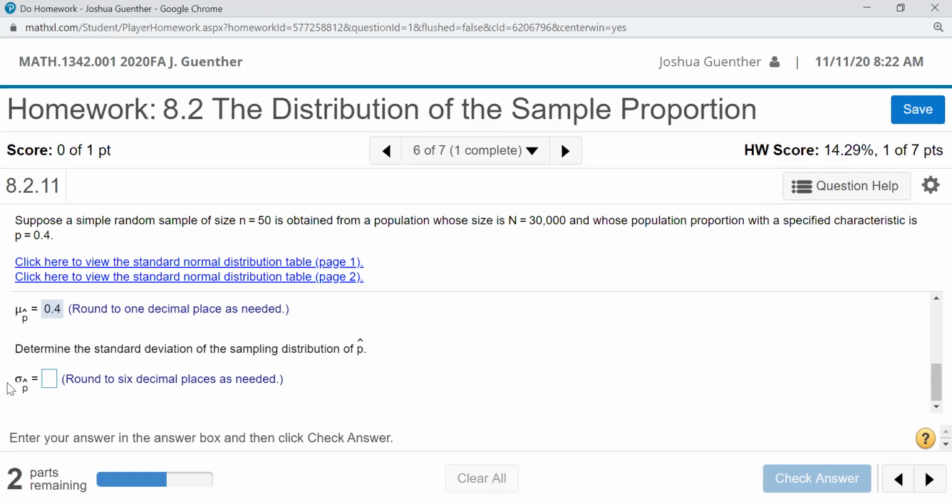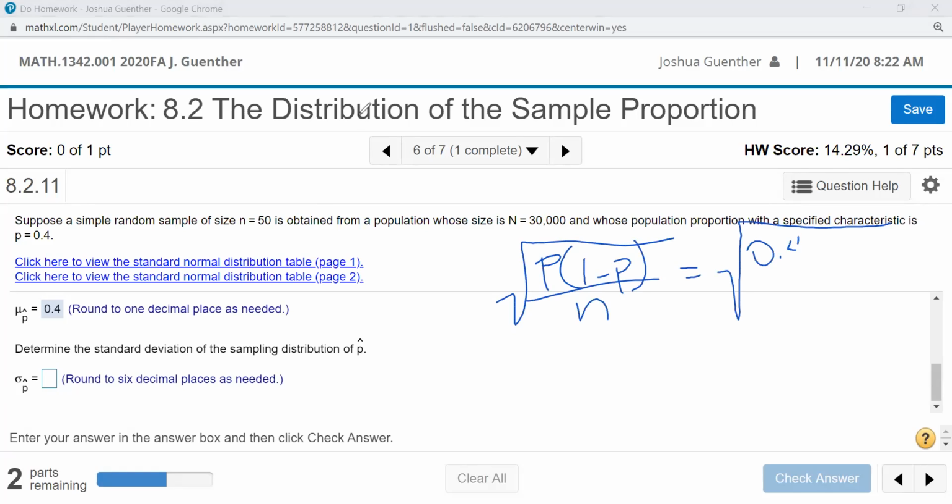It's just the standard deviation for this particular example, and it's the square root of p times 1 minus p all over n. So it's the square root of 0.4 times 0.6 divided by 50, all under the square root. We do 0.4 times 0.6 first, divide by 50, then take the square root, and we'll round it. It wants us to round to 6 decimal places.